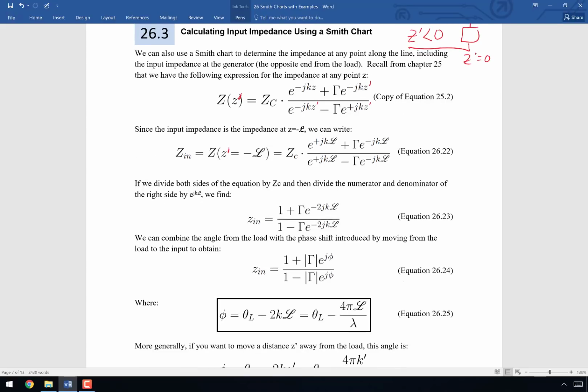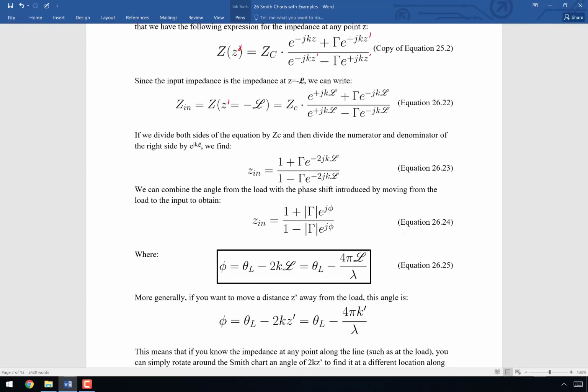When I normalize equation 26.22, I get equation 26.23. And you'll remember that this gamma is going to have a component that is the magnitude of gamma, but then it's also going to have an e to the j theta of the load. So theta of the load is going to impact the initial value of gamma.